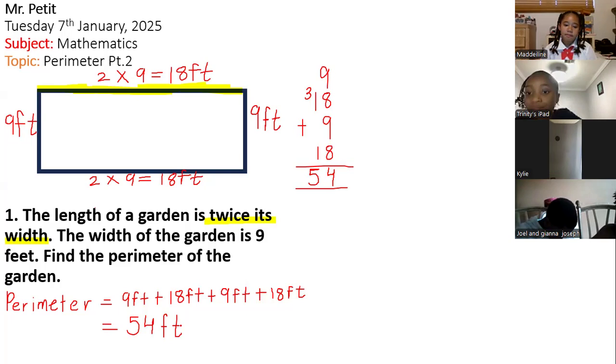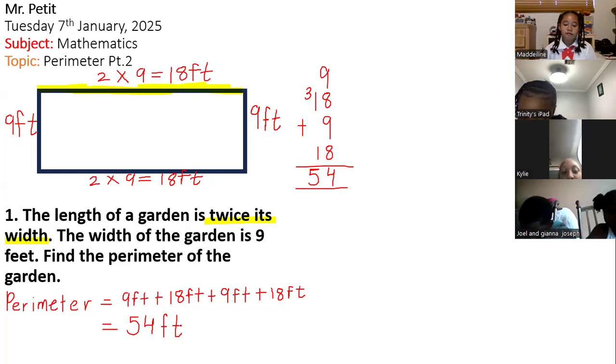And then we got 2 times 9, which is 18 feet. So then 9 plus 18 plus 9 plus 18 is 54. So the answer is 54 feet.